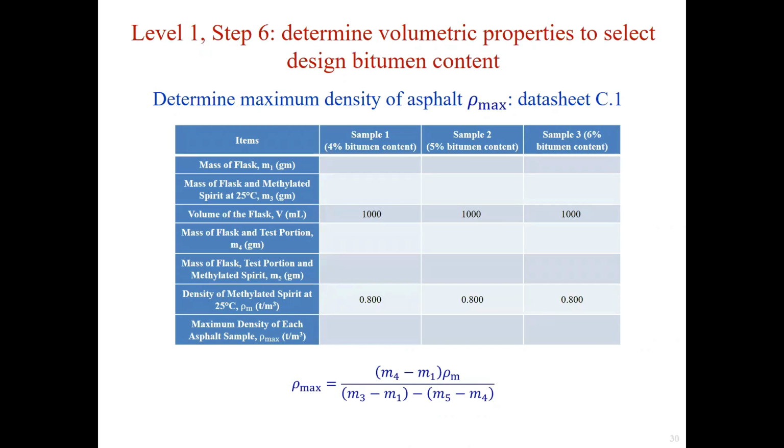After you conduct the lab testing, you should be able to obtain the measured values for datasheet C.1 and D.1. The maximum density of asphalt or rho max could be obtained by the combination of the table and the formula below. Here M1 to M5 are the testing measurements.